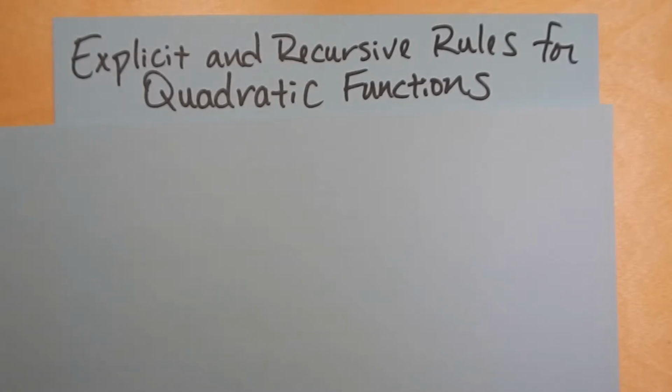In a later video, we'll get into cubics, and I think that's probably about as far as we need to go. There's a pattern that develops, as we'll see, and you can extend that pattern to functions of higher degrees. But we will talk about quadratics today. So, explicit and recursive rules for quadratics.